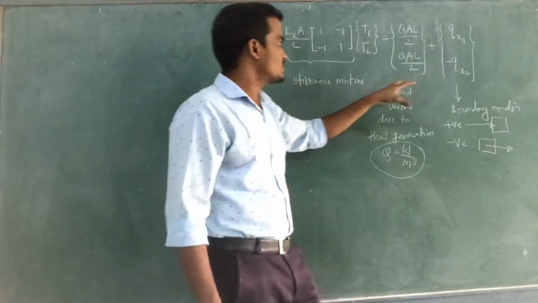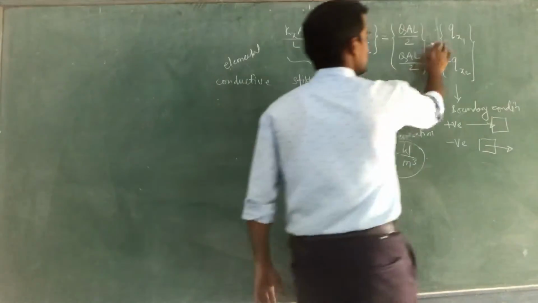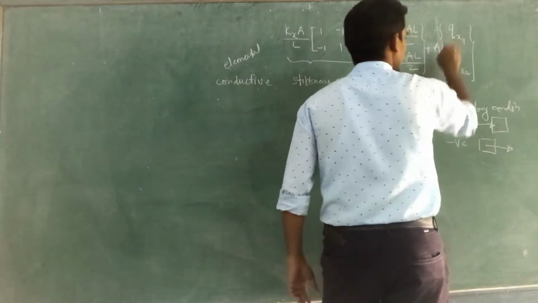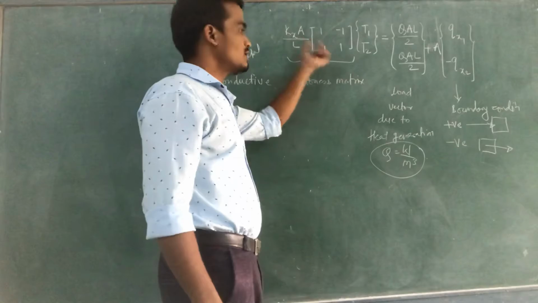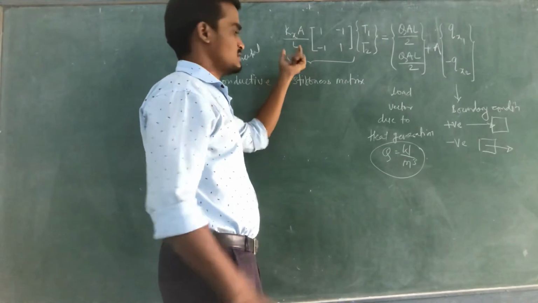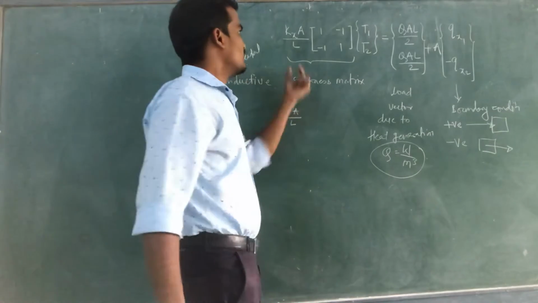So based on this equation, here A should be there. A is present here. You can eliminate A also, but Kx into A divided by L, similar to E into A divided by L, we are taking A here.